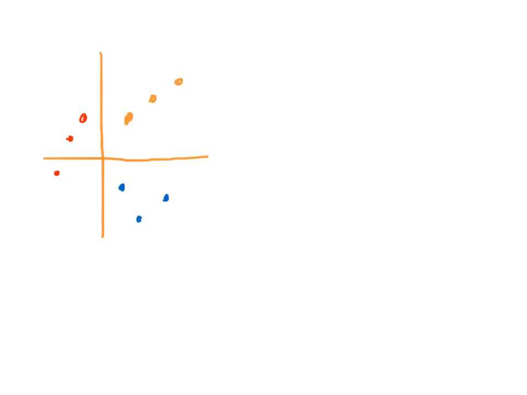So what quadrants are they in? The first, second, third, or fourth quadrant? And are the orange ones a function? Are the red ones a function? And are the blue ones a function?